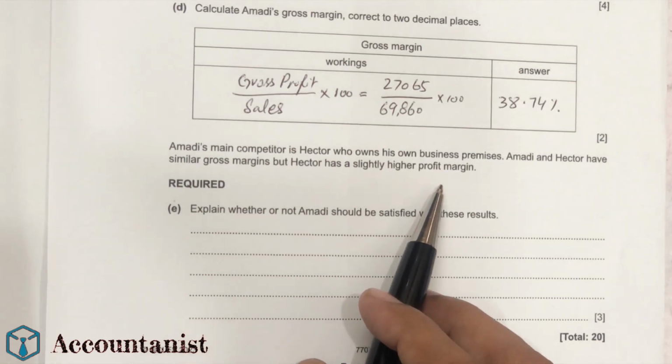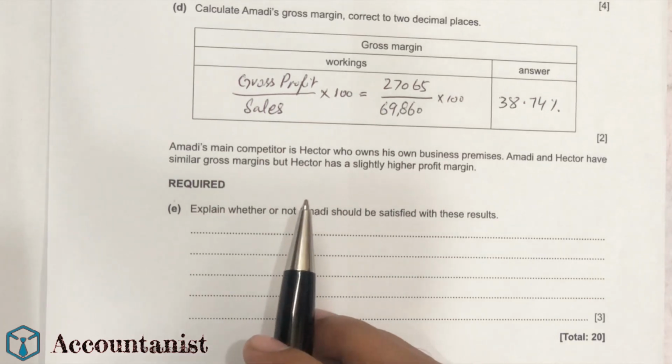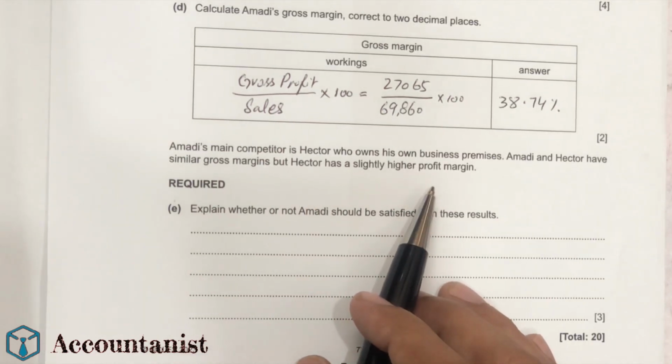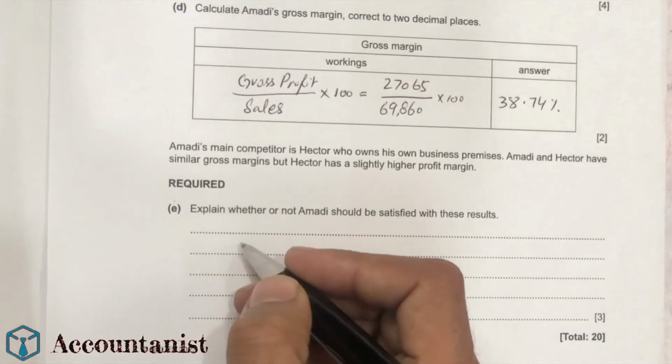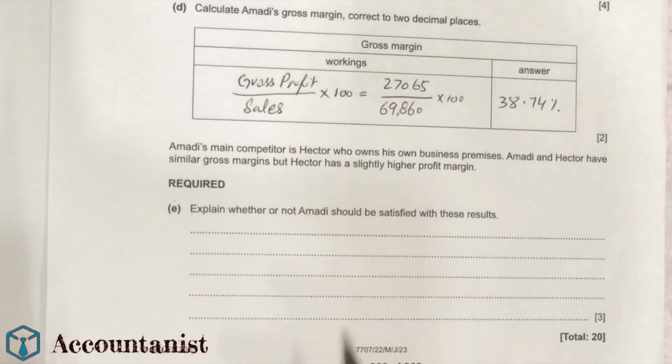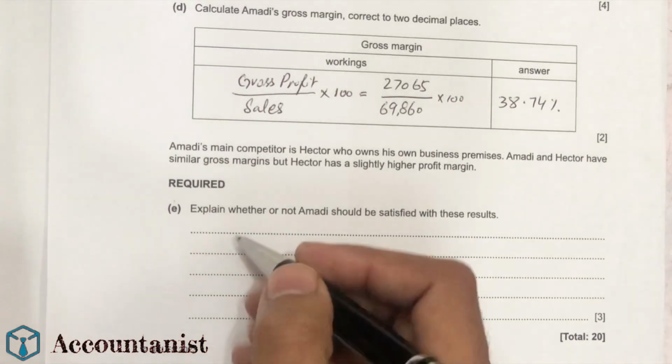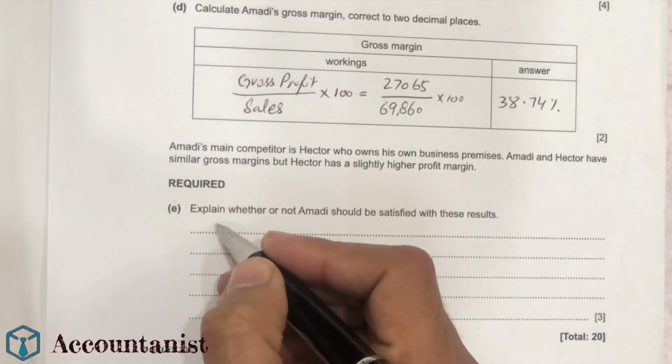Obviously because the gross profit margin is similar, but the net profit margin is higher because of the rent of the premises. So the profit will be less for Ahmadi, because he is not paying the rent.